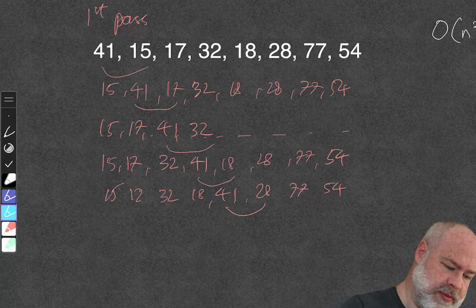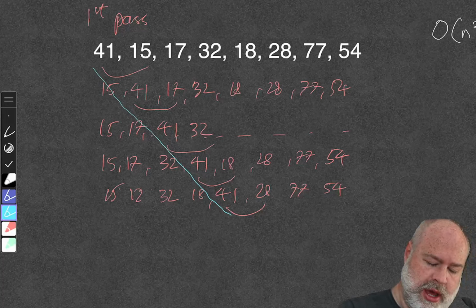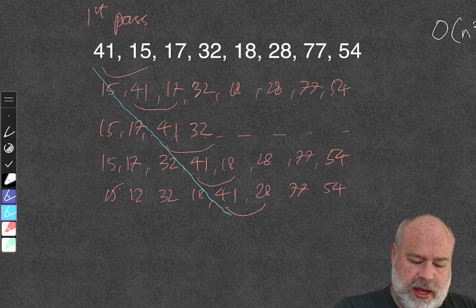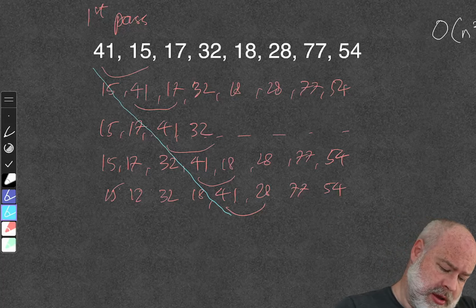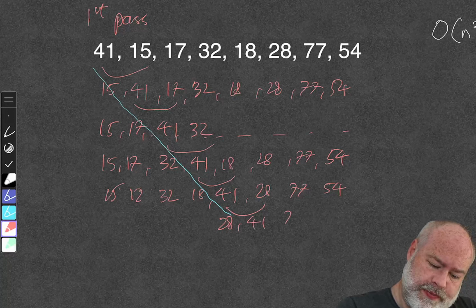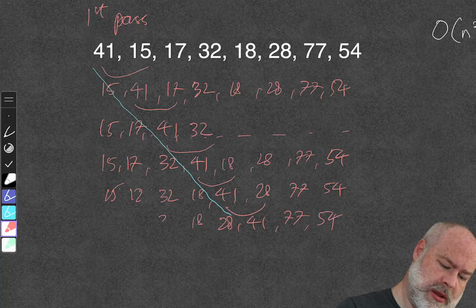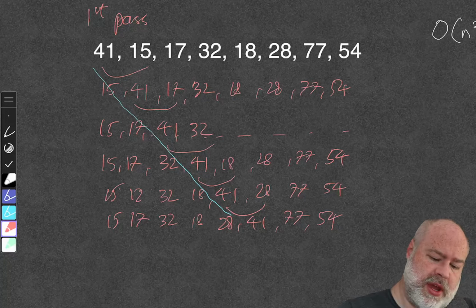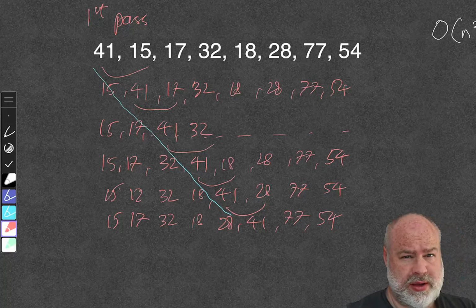So you can see here, we're going across and looking at each adjacent pair and seeing which one's smaller than the other. So here, 28 will get swapped to 41, 77, 54, 18, 32, 17, 15. We're still on the first pass.